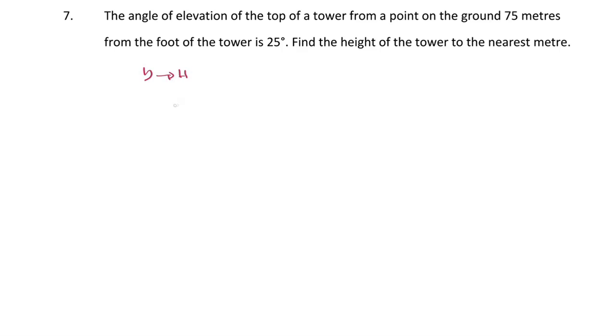So here we have the tower, and this is the ground, and this is the line connecting the tower and the ground. So here we have y, here is 75 meters, and here is 25 degrees.